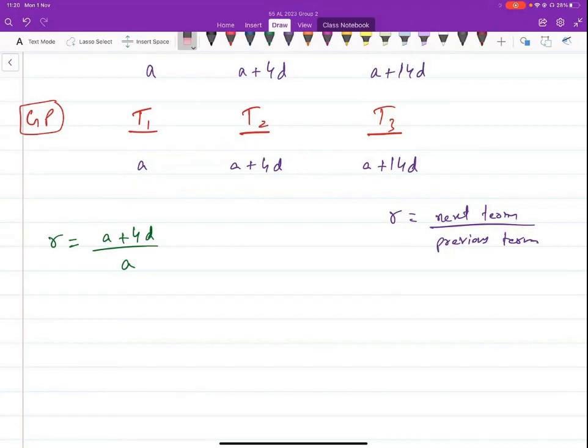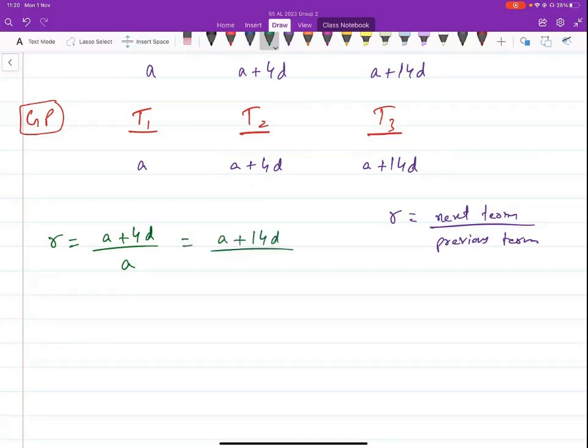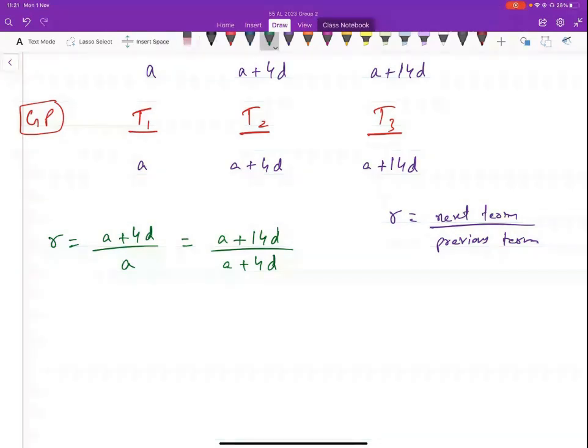But you can find the same ratio using these two terms as well. The next two consecutive terms, take next divided by previous. So we could also say A plus 14D over A plus 4D. This also gives us the same ratio. And there we have an equation.